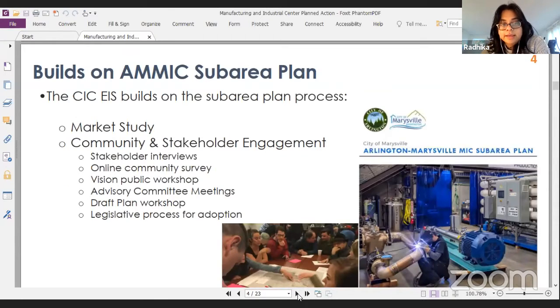The Cascade Industrial Center draft EIS builds on a lot of the Siberia plan process, including both the vision, the market study that informed the Siberia plan, and the community and stakeholder engagement that happened as part of the Siberia plan. For the adopted Siberia plan, we conducted stakeholder interviews.